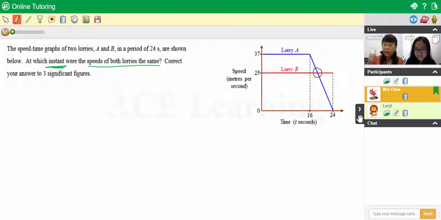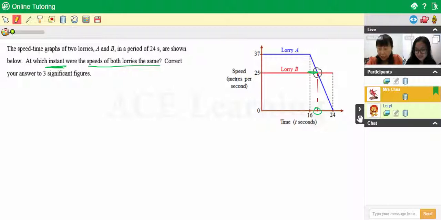Now we have to find the instant. Alright, so we need to find this piece of information. Before we can do that, we need to know the duration here. If you don't have the piece of information, you can't find the required answer.